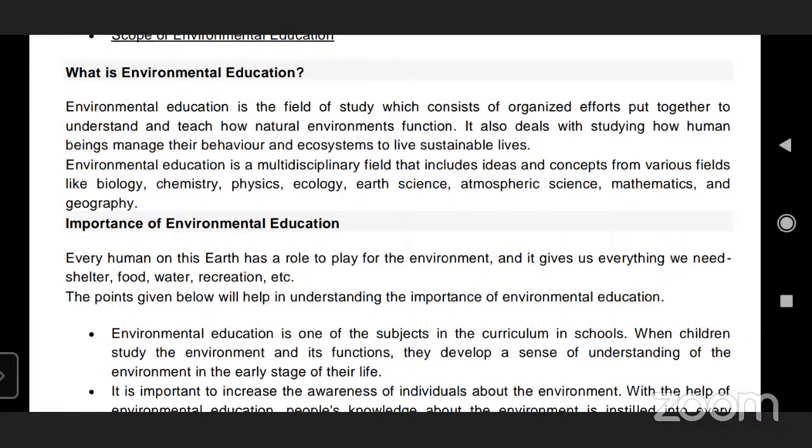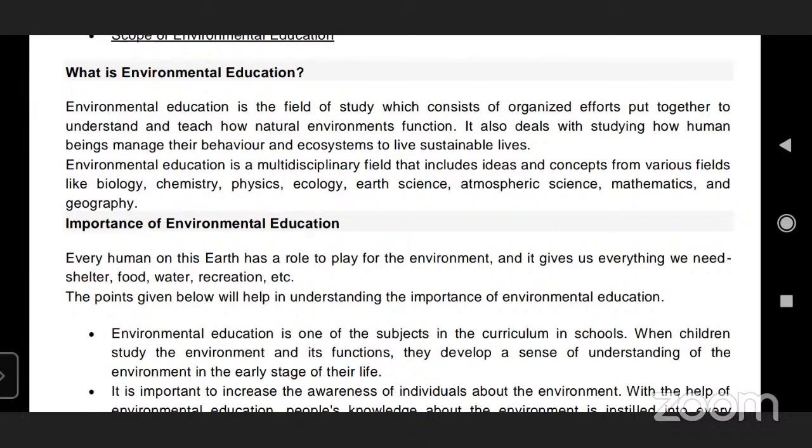All these fields are interconnected with environmental science, mostly biology, including botany and zoology. Information is going to be required from these other branches also.